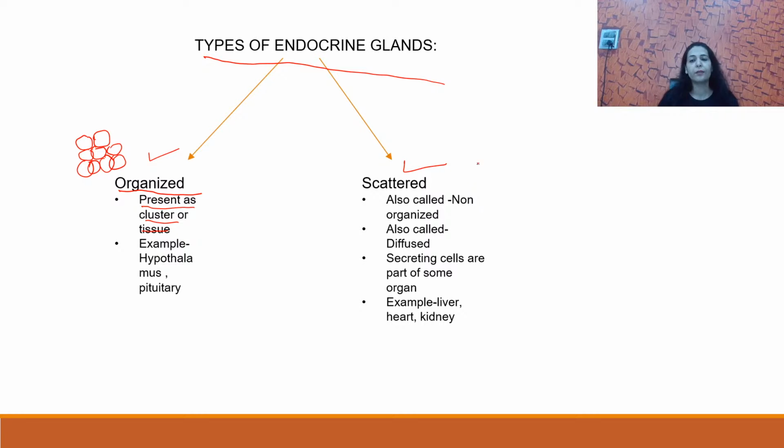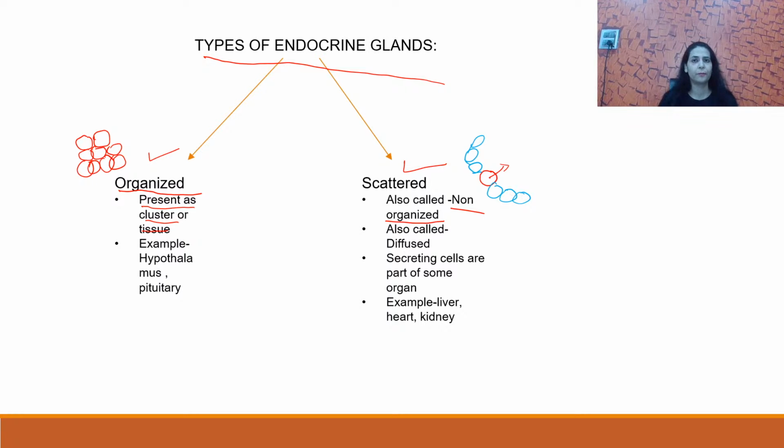On the contrary, scattered glands are also known as non-organized, which means there is just a single cell out of all the cells that produces the hormone. I'll use another color to make a contrast. These are all the other cells in the lining, but the red one is the only cell that produces hormone.